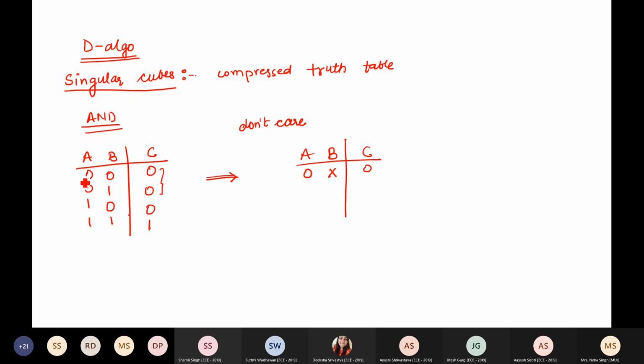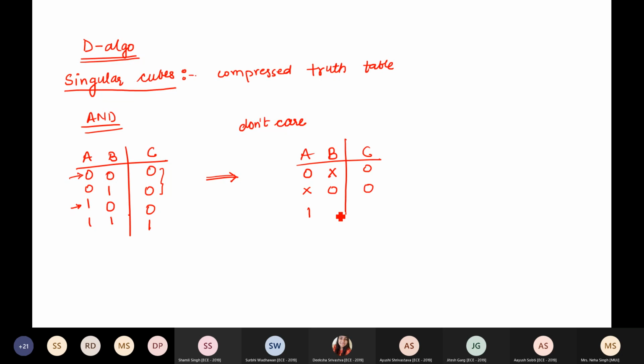The next, try to combine this and this. If I choose these two, then the value of B is 0, A is don't care. So x 0, but the output is still 0. Right? I cannot combine the second and the third row because it is not the case that a don't care gives only 0.